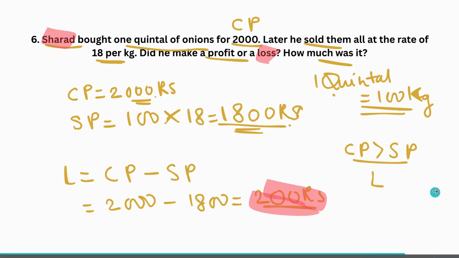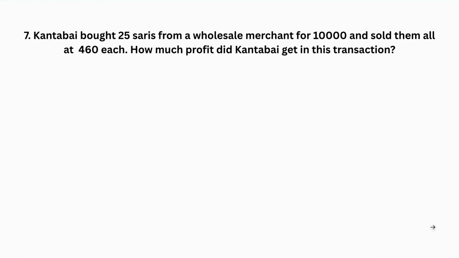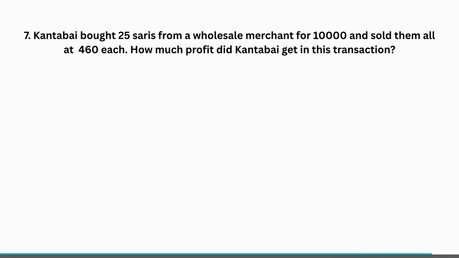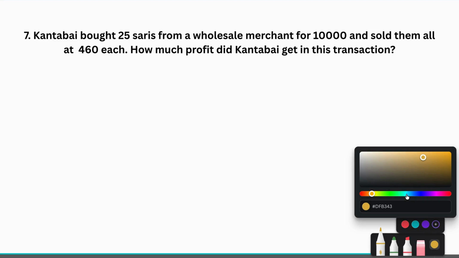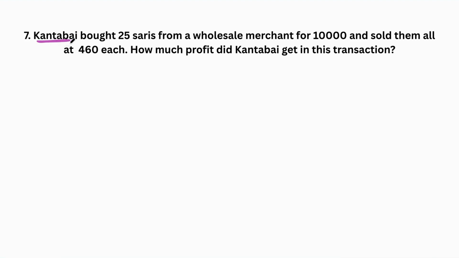Okay, now let's solve the next question. So here, I guess this is the last question from this exercise. So let's end it with the pink color. Now, in this question, there was a lady named Kantabai, okay, and she bought 25 saris from a wholesale merchant for rupees 10,000.